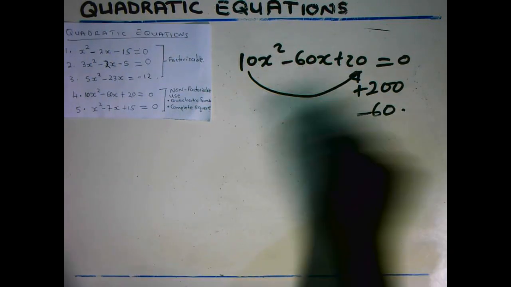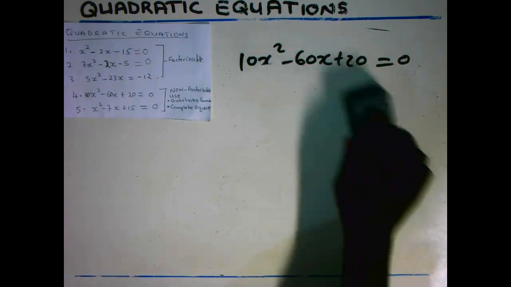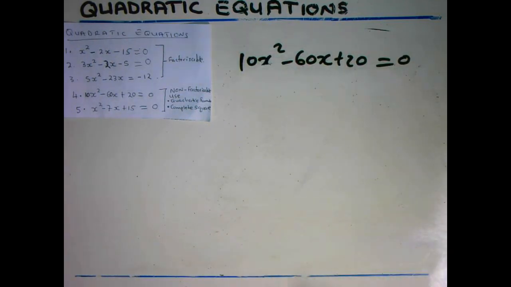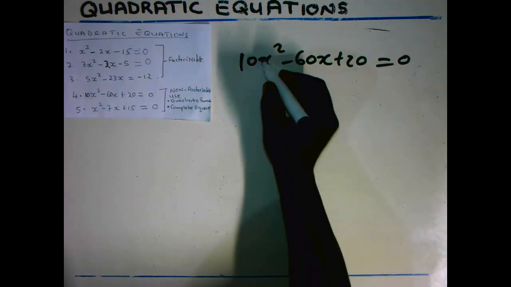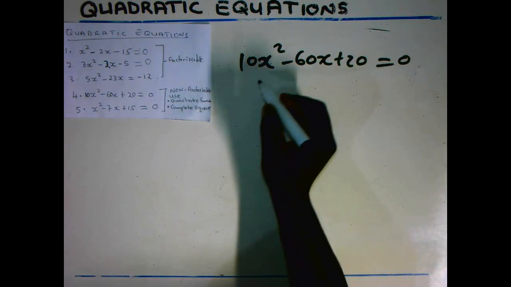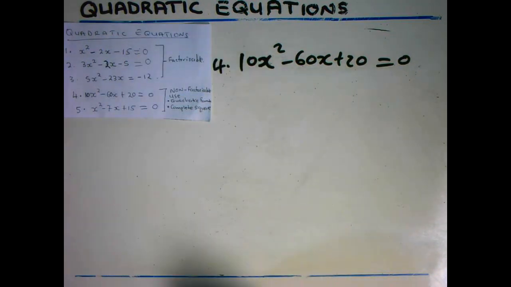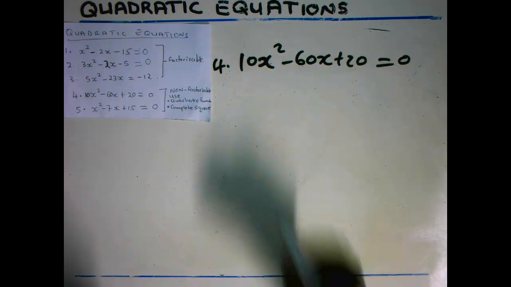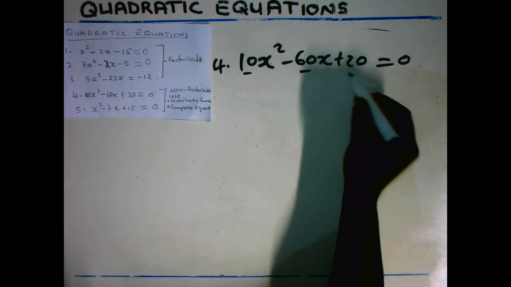You cannot factorize it. But we still want to solve it. So it then means we need to develop new methods. Which are these new methods? We can either use the quadratic formula or the method of completing the square. Generally, if you are given an equation like number 4, you can divide it throughout by 10 just to reduce it.